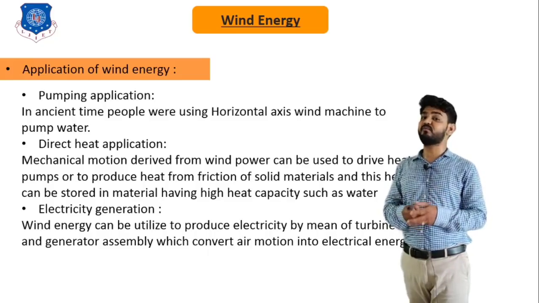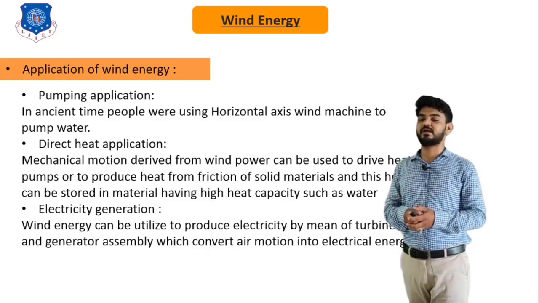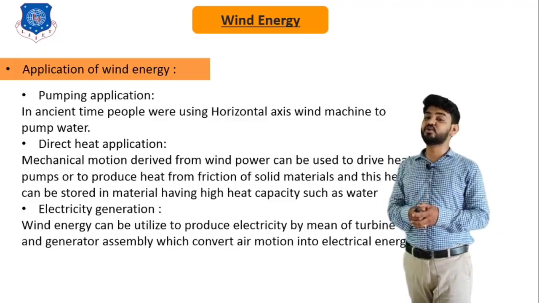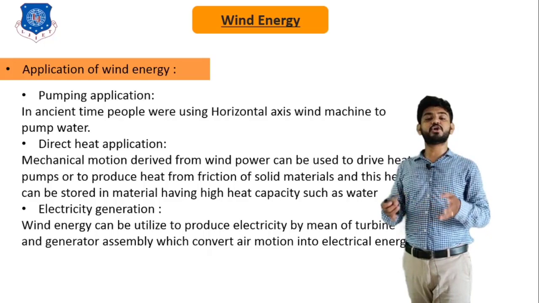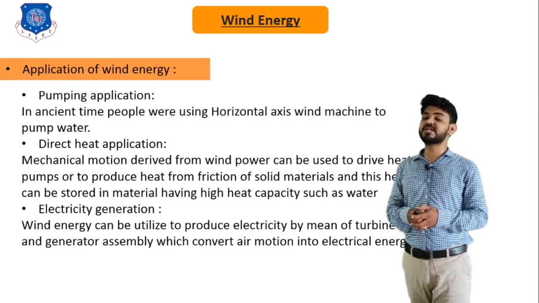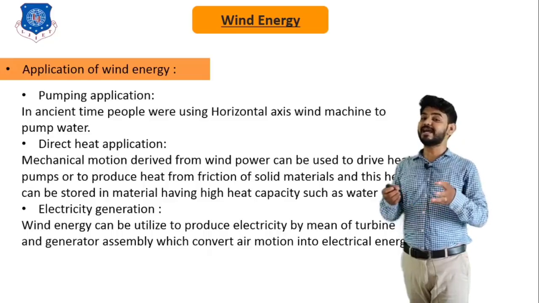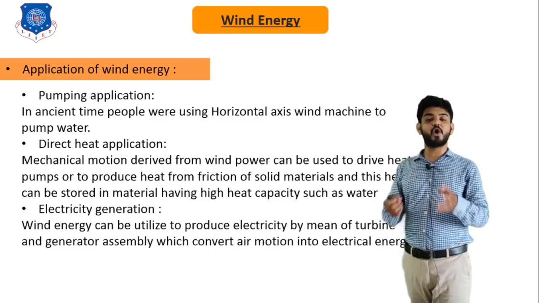The next application of wind energy is direct heating. Mechanical motion derived from wind power can be used to drive heat pumps or produce heat from friction of solid material, and this heat can be stored in a material which has higher heat capacity, such as water.